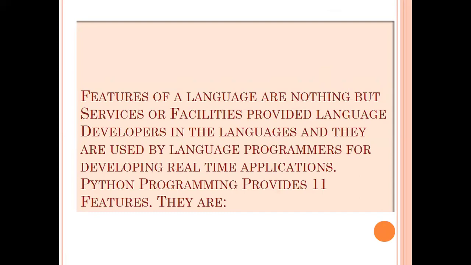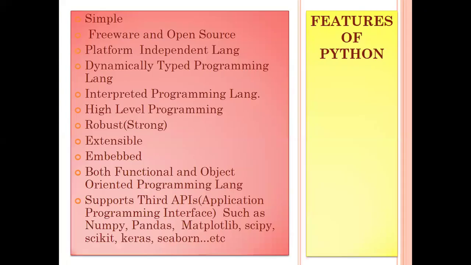Python provides 11 features, and they are: simple, freeware and open source, platform independent language, dynamically typed programming language, interpreted programming language, high-level programming language, robust, extensible, embedded, both functional and object-oriented. It also supports third-party APIs such as NumPy, Pandas, Matplotlib, SciPy, Scikit, Keras, Seaborn, etc.